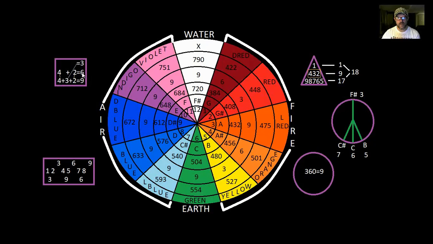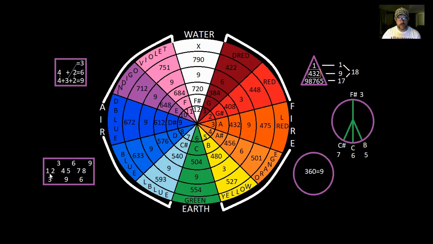So now you've got a 3 and a 6. 4 plus 3 plus 2 equals 9. So just in the 432 number, you have the 369 code. You've got the 432 and a 369 just based on 432. I think it's amazing, but whatever.